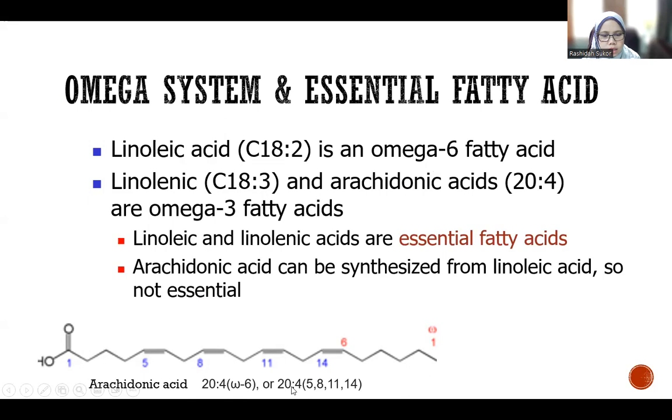Okay, if you use the omega system, you have to write the location where the first double bond is located from the methyl end. Okay, kalau kita nak tulis macam ni, that is from the carboxylic end, the location.